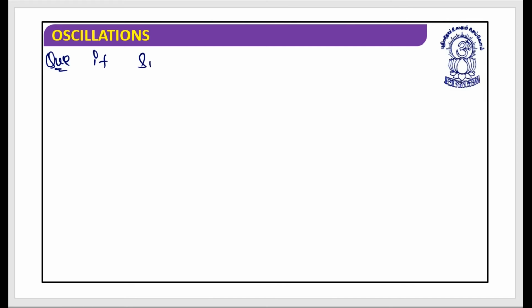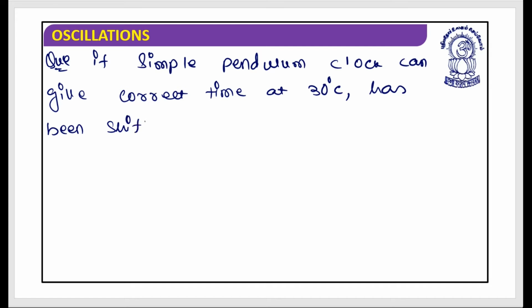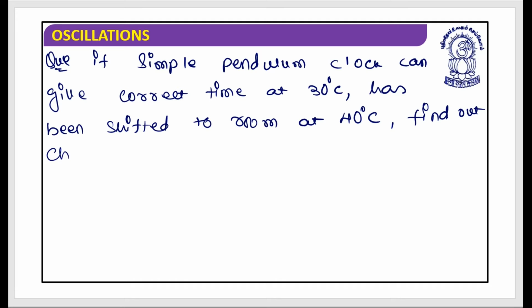If a simple pendulum clock that gives correct time at 30 degrees Celsius has been shifted to a room at 40 degrees Celsius, find out the change in time per day.